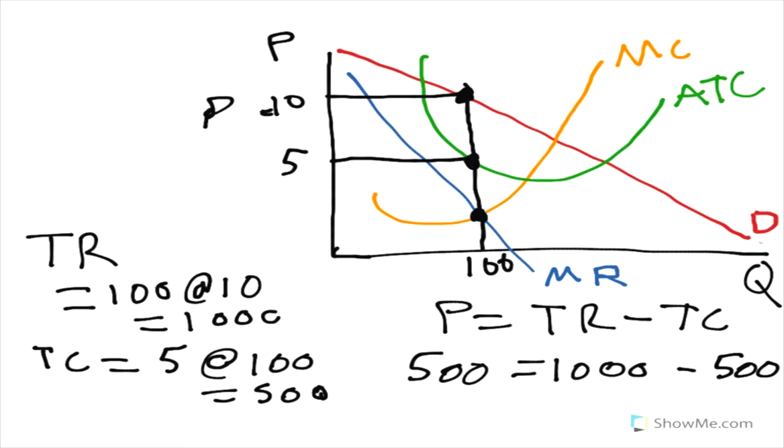So from looking at this, we know that our average total cost is 5. And then we do 5 times our output of 100, and that will give us 500 as our total cost. Now to get profits, we take our total revenue of 1,000 minus our total cost of 500 equals our profits of 500.